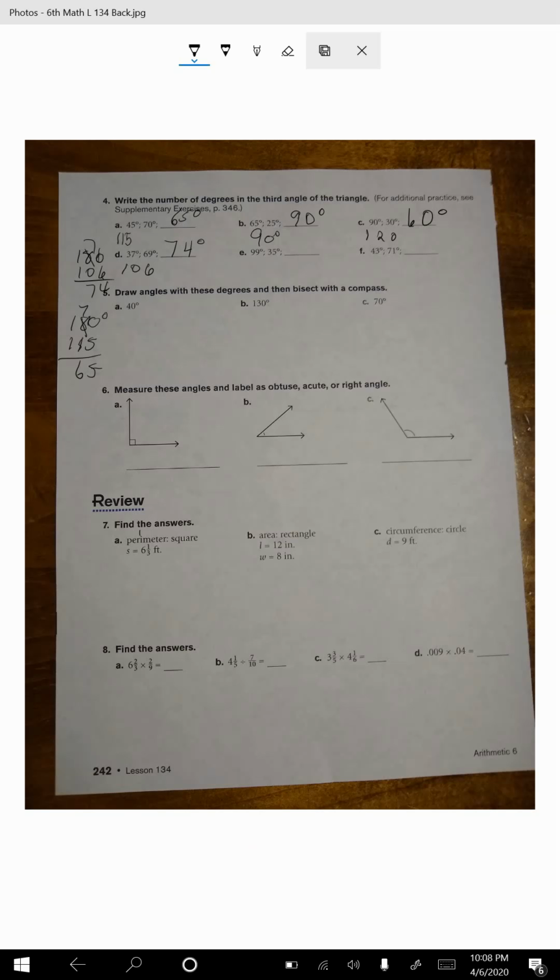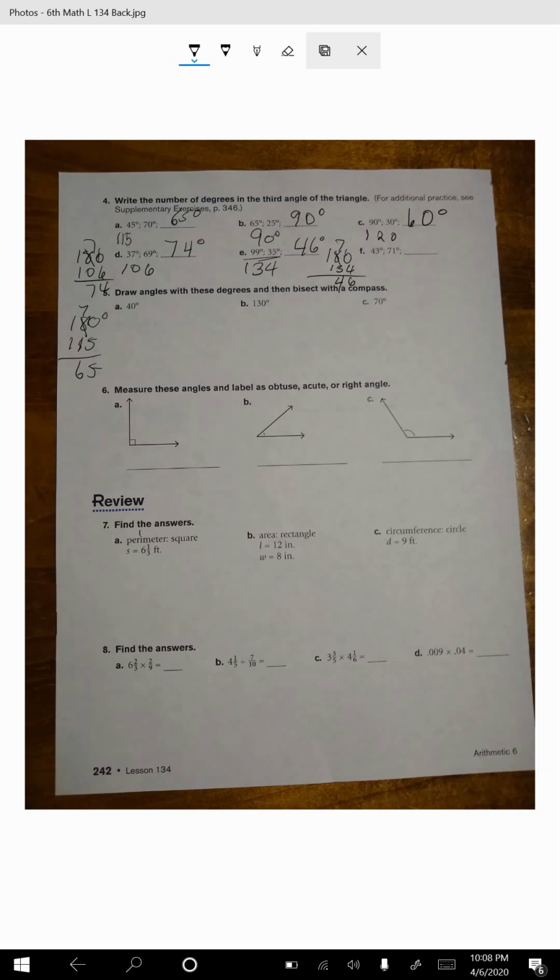99 plus 135, well, 100 plus 100, 100 plus 35 would be 135. So it'd be 134 from 180. You get 46. Good job.